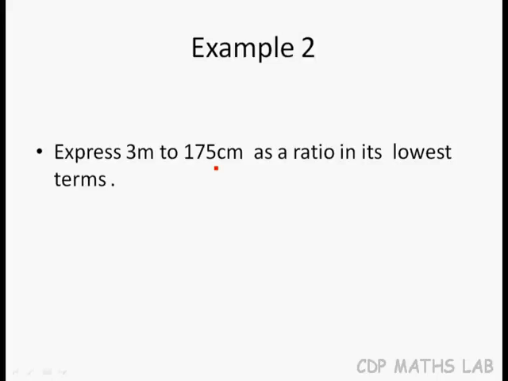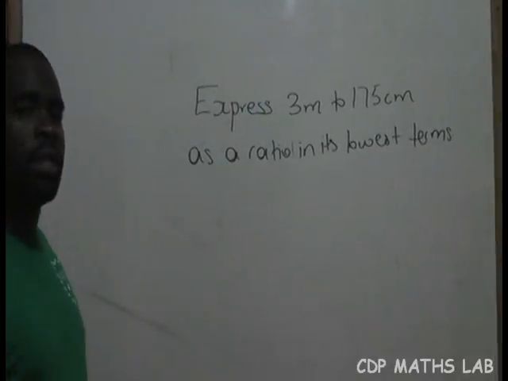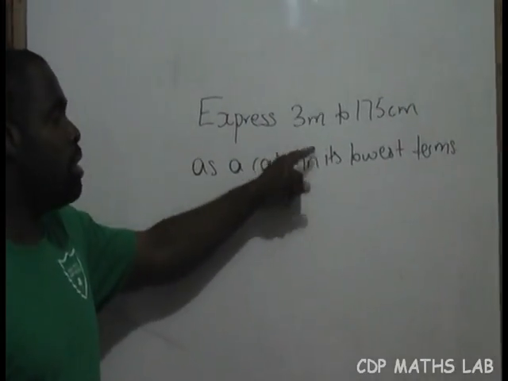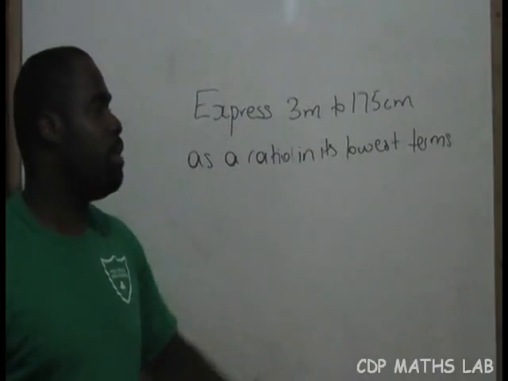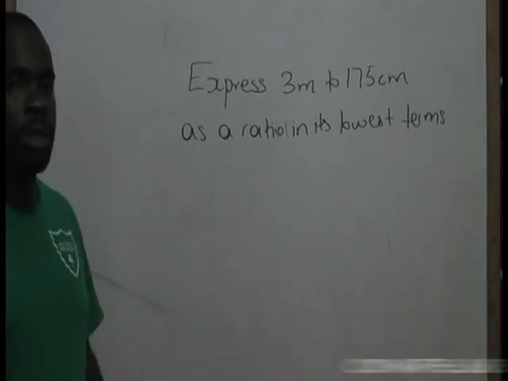But once again, pay close attention to the video clip coming after this one. Now note this task that you're given. It says that you are to express 3 meters to 175 centimeters as a ratio in its lowest term.